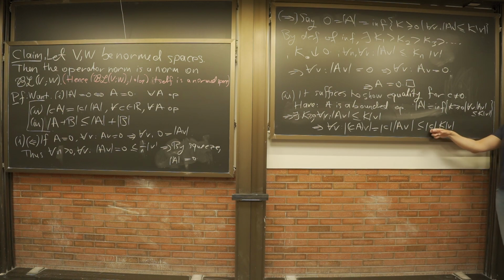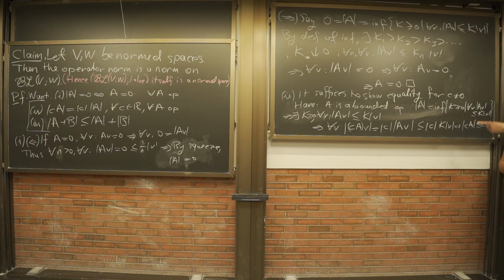That means that the absolute value of C times k is in this set for the CA operator norm. That is to say, the operator norm of CA is bounded from above by this. This is an upper bound for C times A in operator norm.